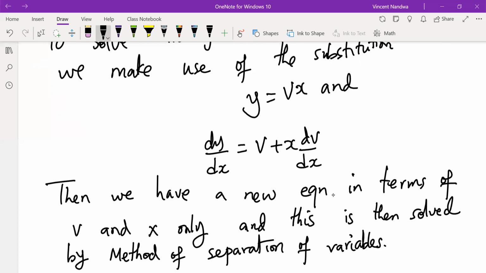So we'll see how we solve such equations in the next session.